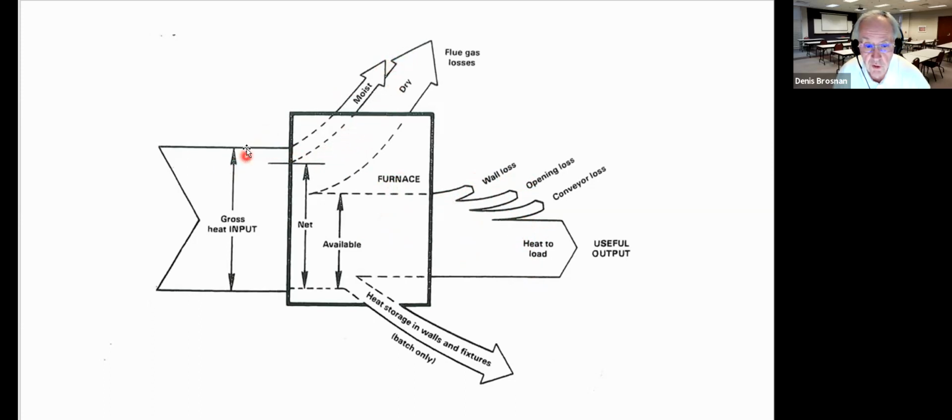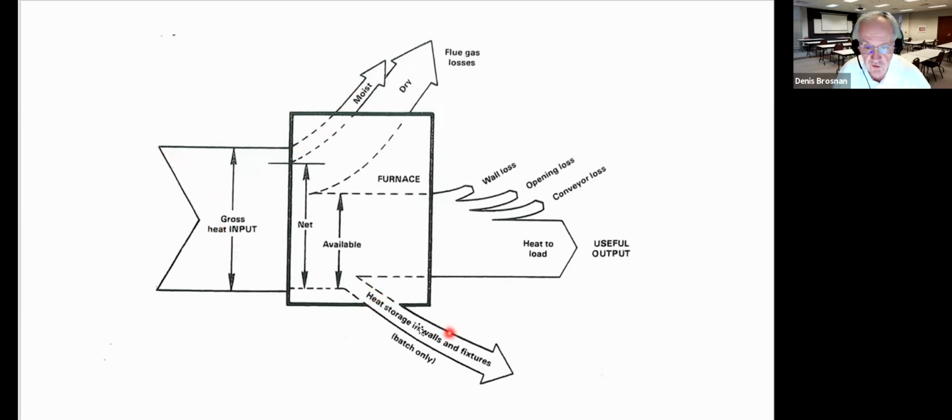And of course, there's relative humidity in the atmosphere. There's water vapor created as a consequence of combustion. And so we have to heat up that water vapor. Remember, water vapor has an appreciable specific heat. So this shows kind of a dynamic energy balance.